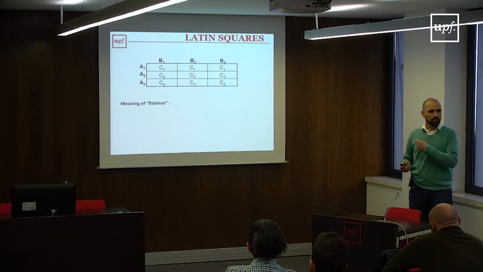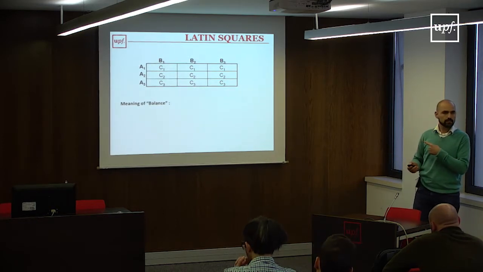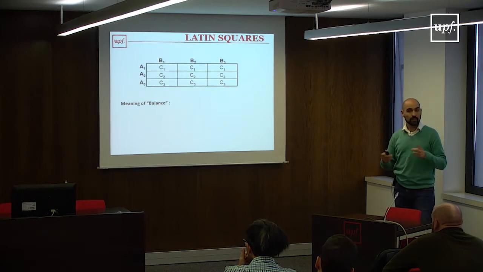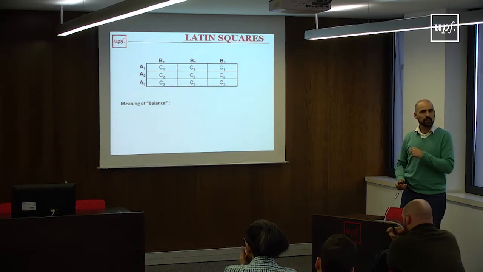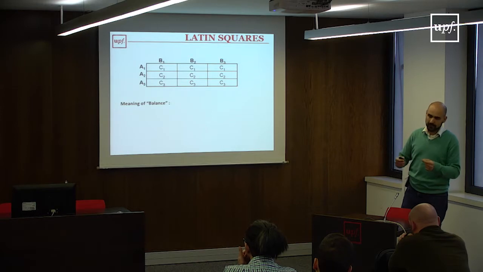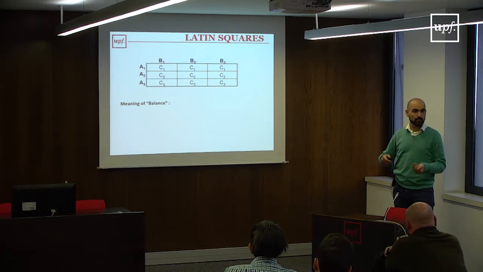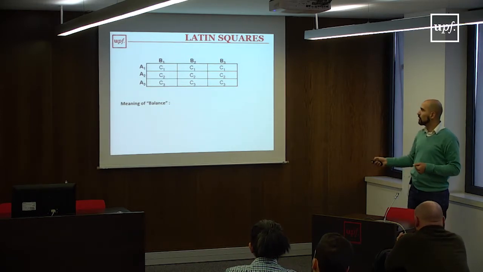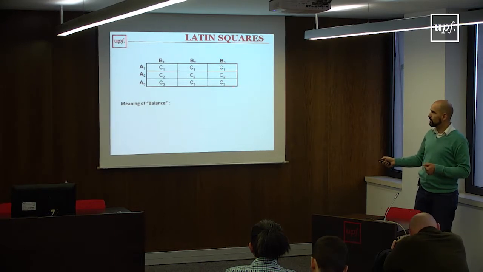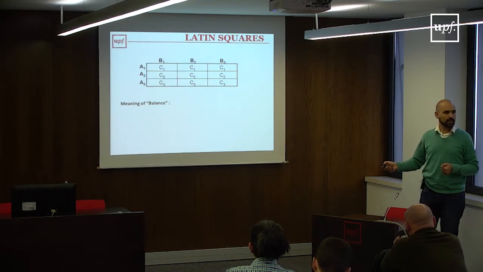Imagine to have this other distribution. We have the same number of combinations, but they are different combinations. C3 now appears 3 times again, but only in the third row.